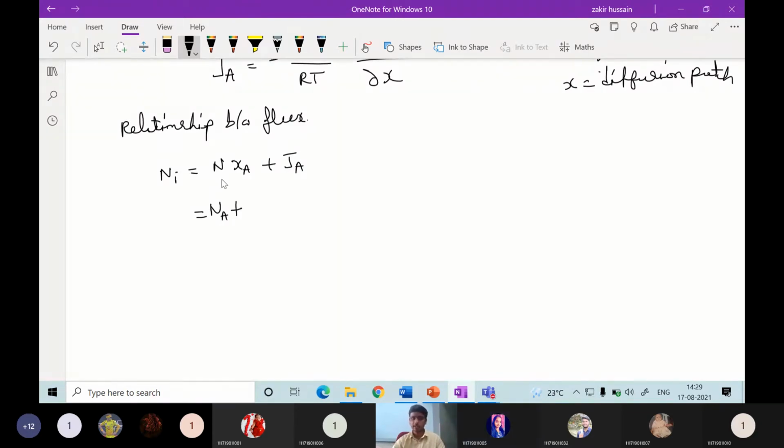This N can be expanded as NA plus NB, only two components are there.